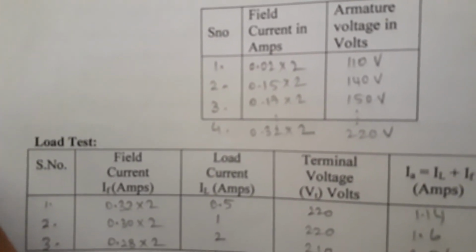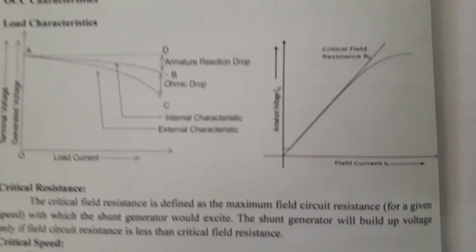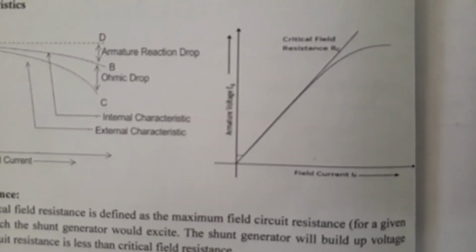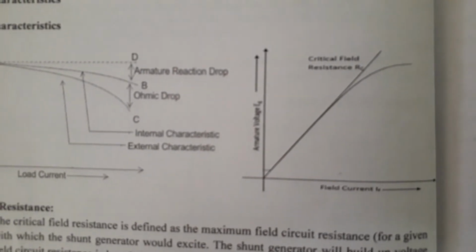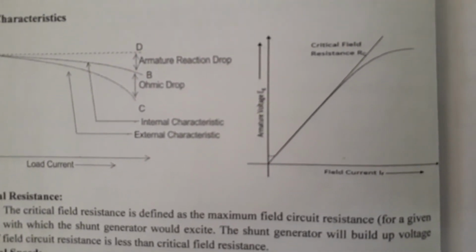Similarly, 0.64 amperes for 220 volts, and then we will get this open circuit characteristics curve for your DC shunt generator. Here the magnetization curve is increasing from a minimum value, it keeps on increasing, and at a particular point it is saturating, right?